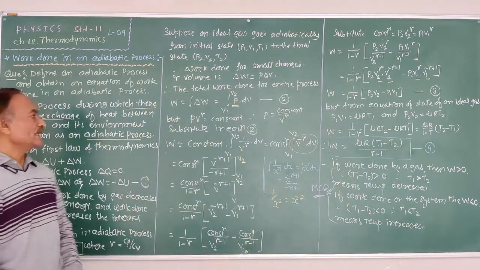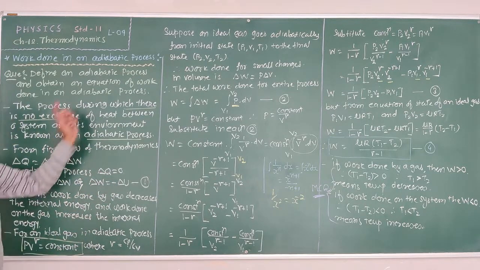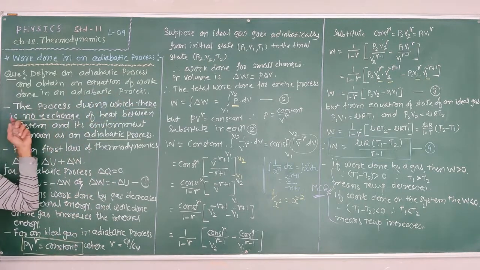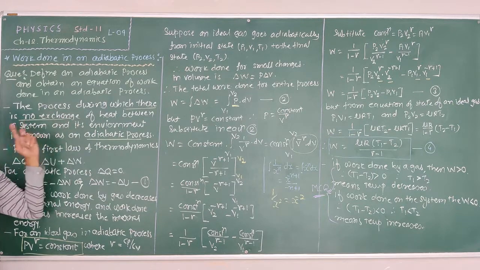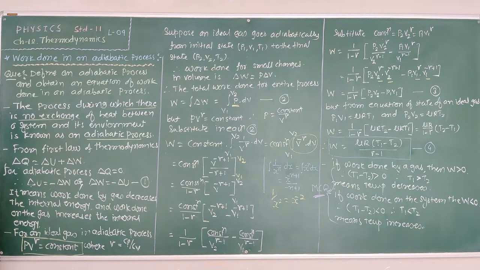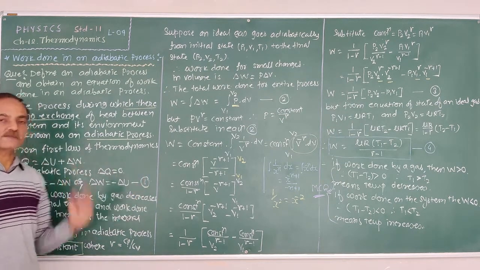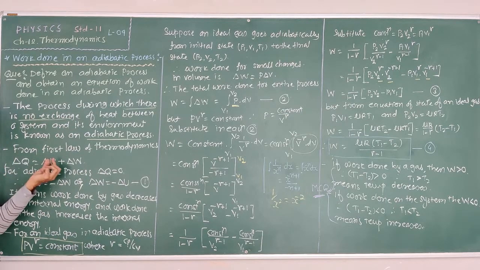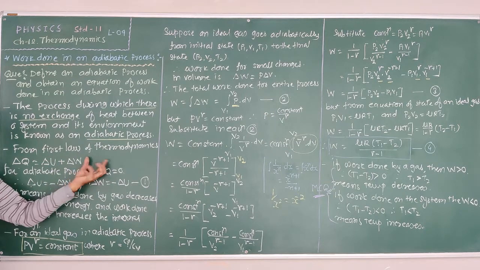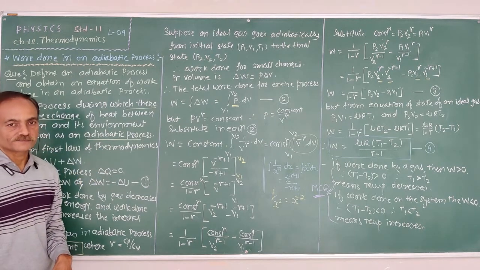Again, what is the adiabatic process? The process during which there is no exchange of heat between the system and its environment is known as the adiabatic process. Now, from the first law of thermodynamics, delta Q is equal to delta U plus delta W. For the adiabatic process, delta Q is equal to 0. Therefore, delta U plus delta W is equal to 0.